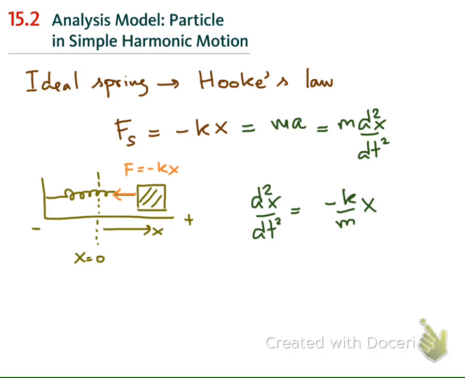And if we define the quantity omega square as equal to k over m, the equation of motion is d square x by dt square is equal to minus omega square x.